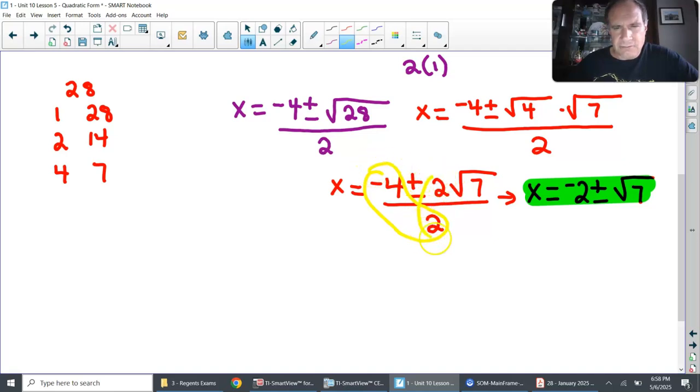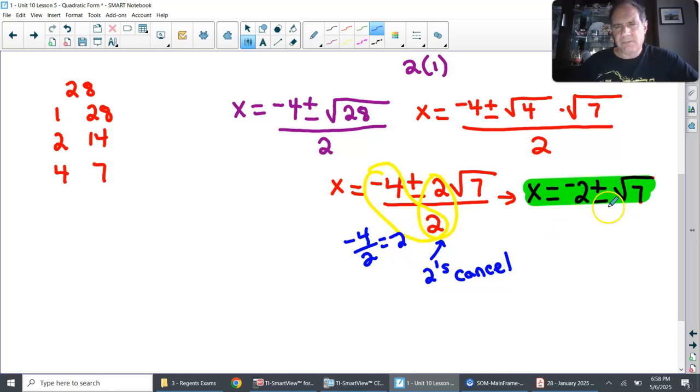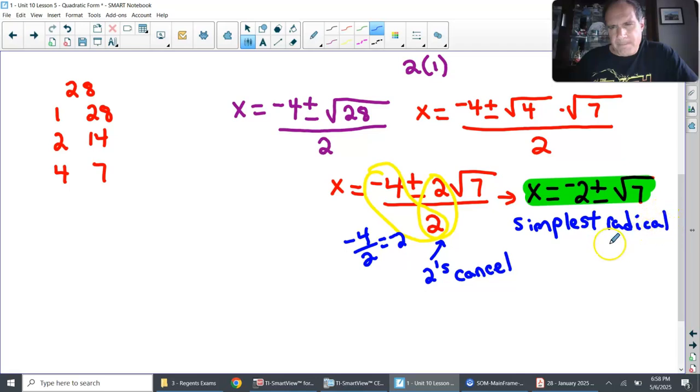The 2's cancel here, and negative 4 divided by 2 is negative 2. And that's where this is coming from right there as your final answer. This is simplest radical form.